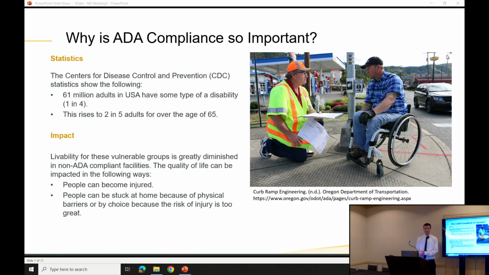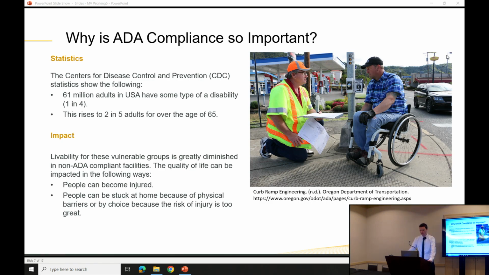Now, to really emphasize why ADA compliance is so important, looking at a few figures in this country paints a clear picture. The Centers for Disease Control and Prevention, the CDC, statistics show that 61 million adults in the United States live with a disability.